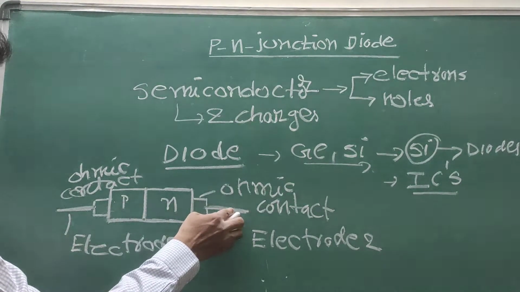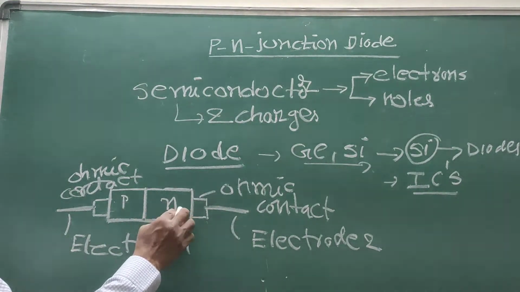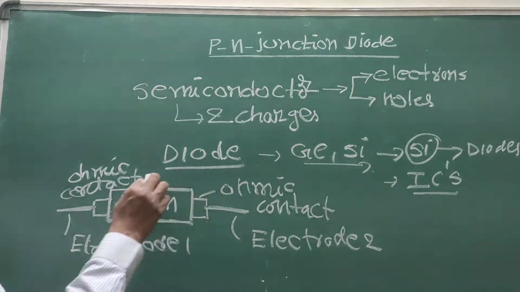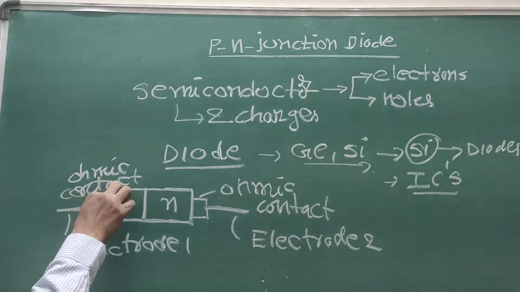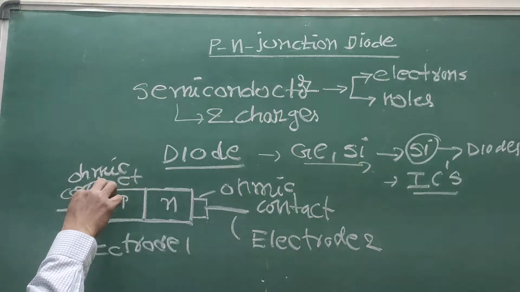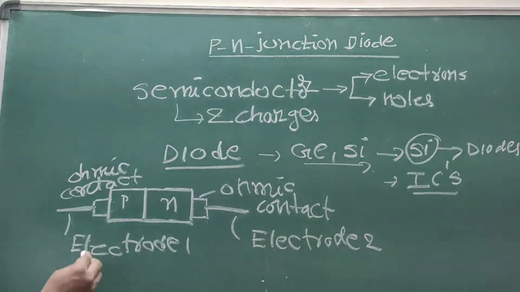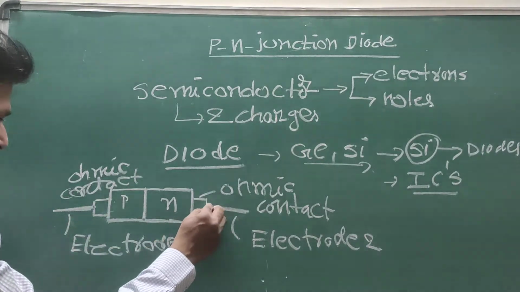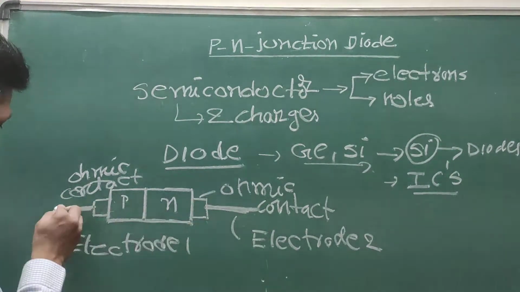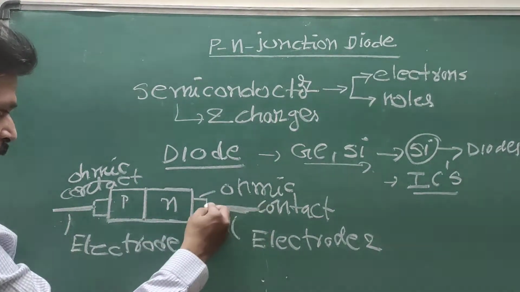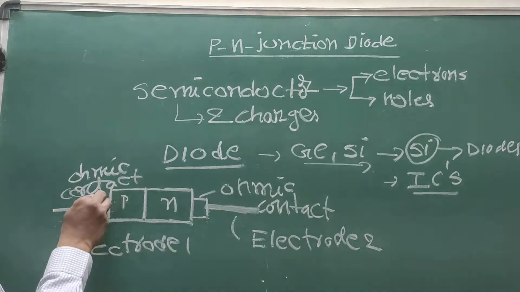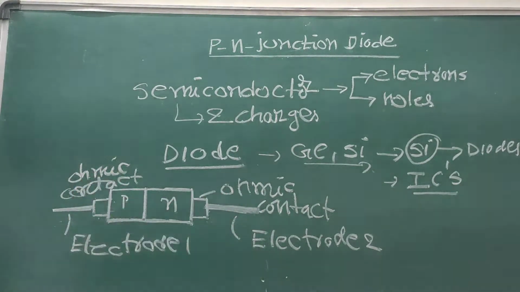Metal and N side are connected through ohmic contact, and metal and semiconductor are connected through ohmic contact. The purpose of this ohmic contact is that the same current flow is possible on both sides of the terminals.